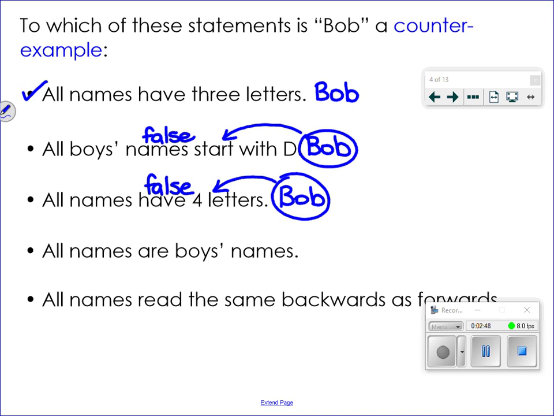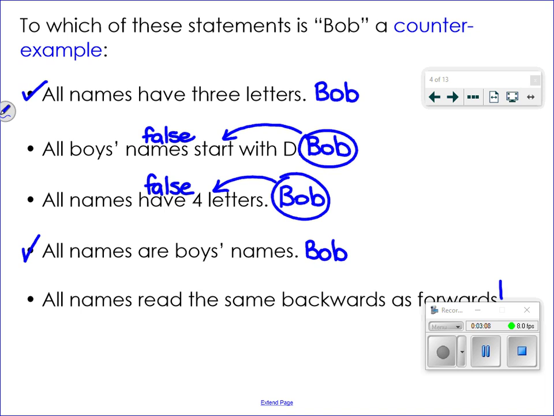It's a counterexample. All names are boys' names. Well, Bob is a boy's name. So it actually is not a counterexample. It strengthens that statement. All names read the same backwards as forwards.